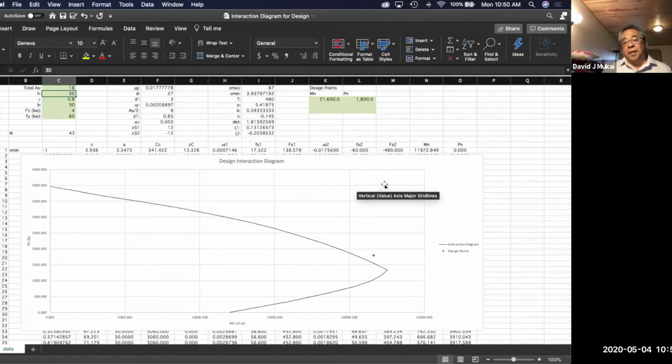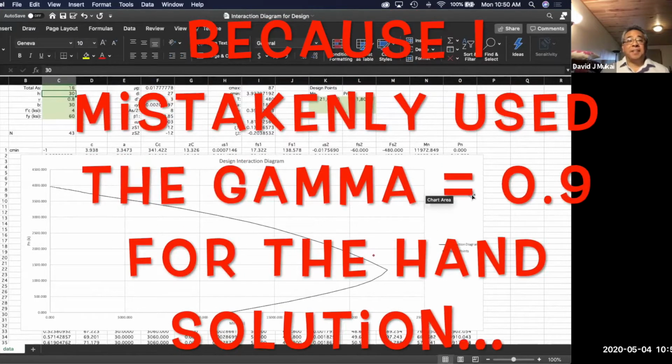So according to our interaction diagram that I made, that will not work. Okay, and yeah, I've never checked the interaction diagrams that are in the textbook.